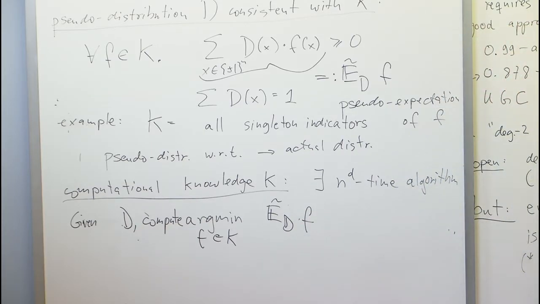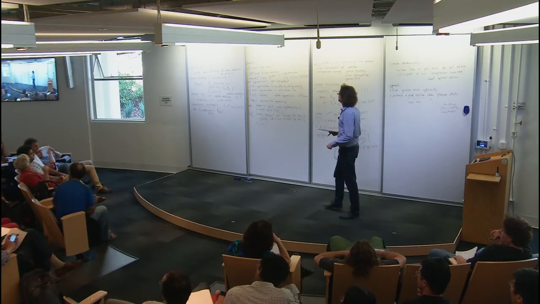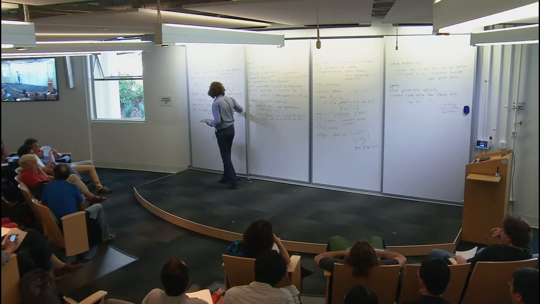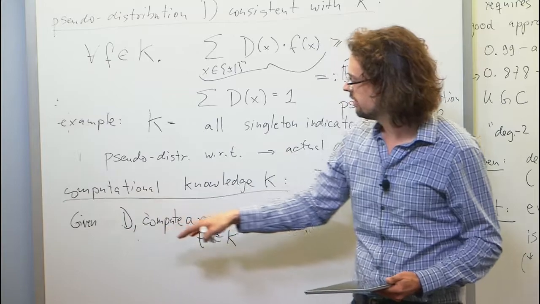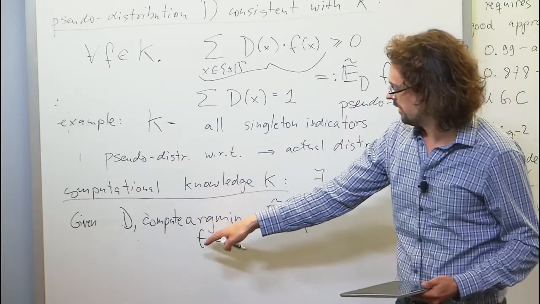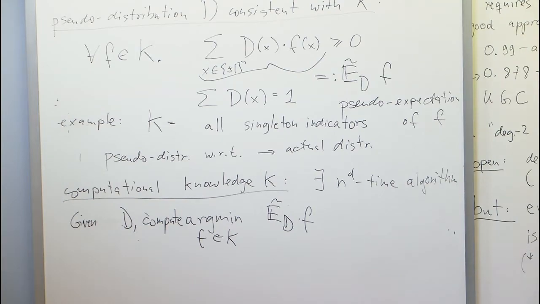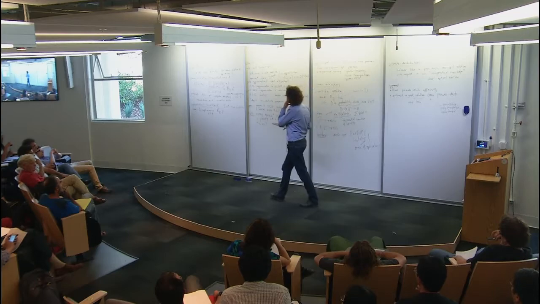It's the definition of computational knowledge: there exists an n to the d time algorithm that, given a function d, computes the function f that minimizes this expectation. So for every value of little d, you have a different set of computational knowledge.